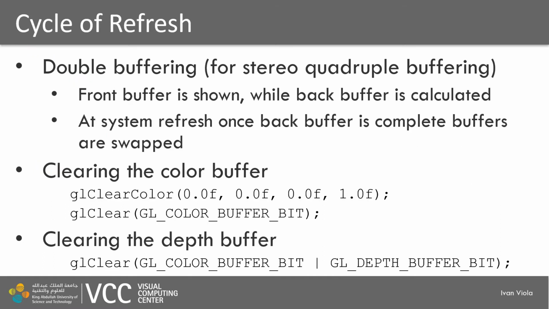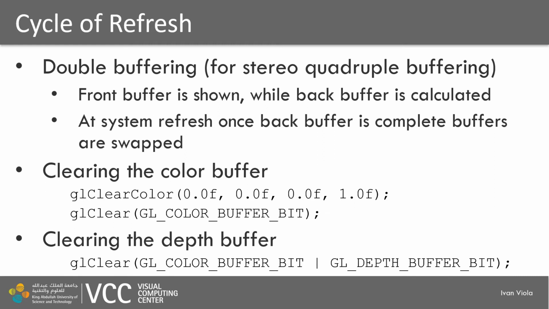Graphics rendering is typically realized in cycles. So we are currently perhaps rendering one frame, and once that frame is rendered, it is being shown, and then we are rendering another frame. And while we are showing the previous frame, we are rendering the frame for the future.